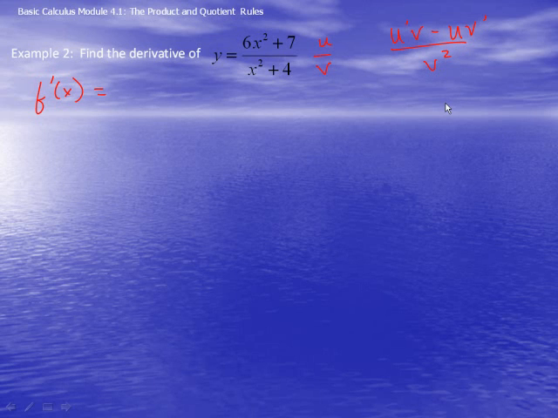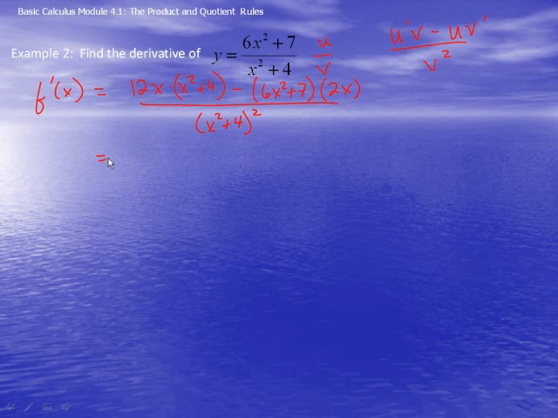So if the top one, we're going to get 12x times the bottom one, which is x squared plus 4, minus the top one, which is 6x squared plus 7, times the derivative of the bottom one, which is 2x, all over x squared plus 4, which is the bottom one, quantity squared.